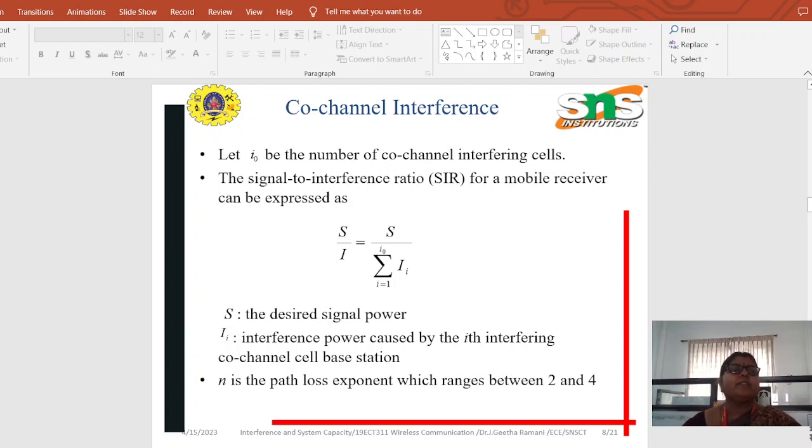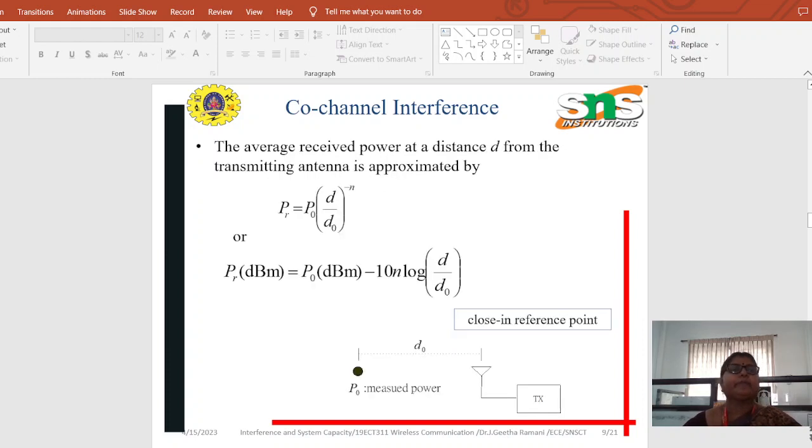S is nothing but the desired signal power, and the interference is summed up over all the interference power caused by individual cells in the co-channel cell base stations. And n is considered to be the path loss exponent, which ranges between 2 and 4.